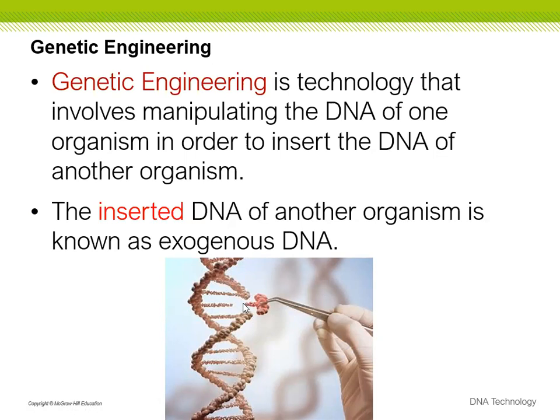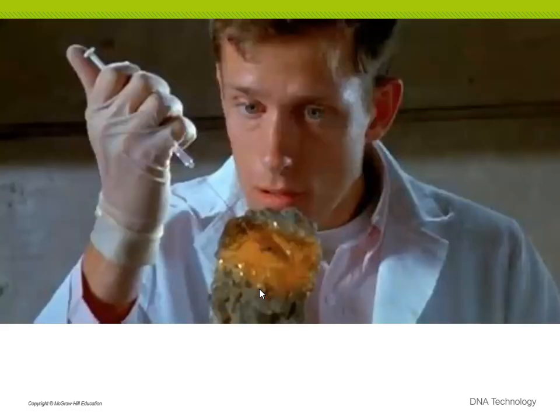Can anyone think, what's the most famous movie example that does that? Jurassic Park. The whole concept of Jurassic Park was, hey, we have this ancient dinosaur DNA, but it's a little bit broken. So I'm going to take some frog DNA, the missing pieces, and I'm going to put it in there.